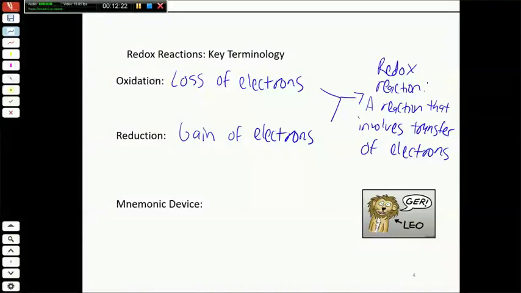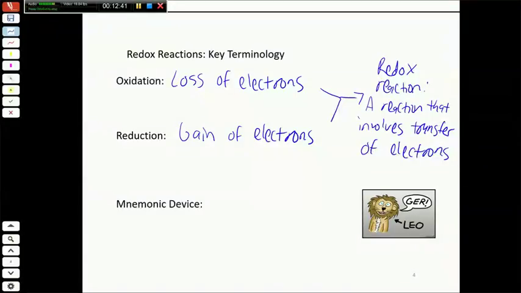So you can classify any reaction as one of those three. Any reaction that's not precipitation or acid-base would fall in the redox category, even if it's not obvious that that's the case. We're going to learn some more systematic things about how we classify redox reactions and especially how we balance them, which is going to be the big thing that you'll have to do on the exam.